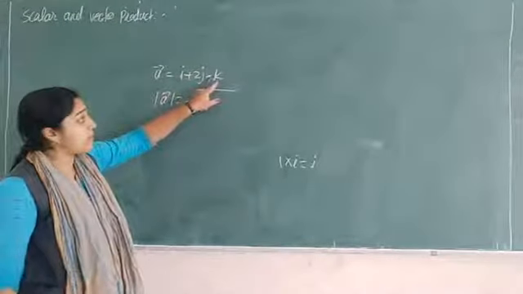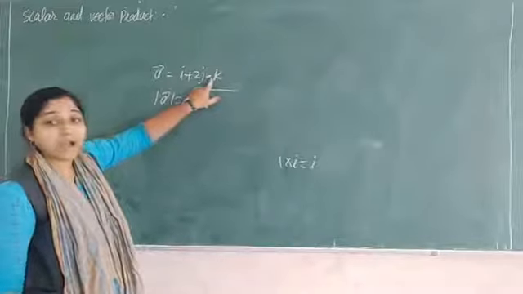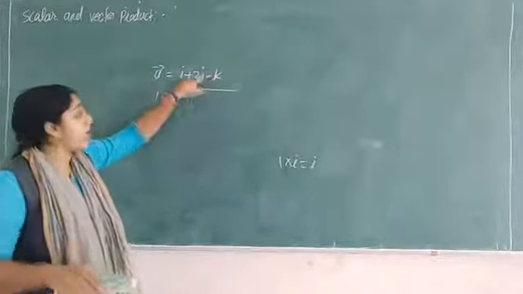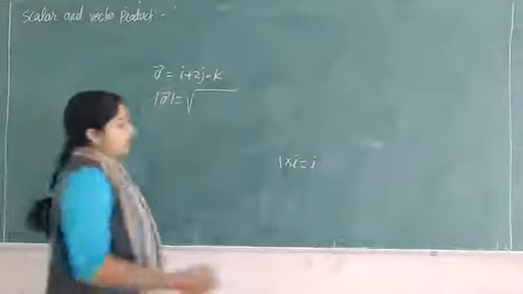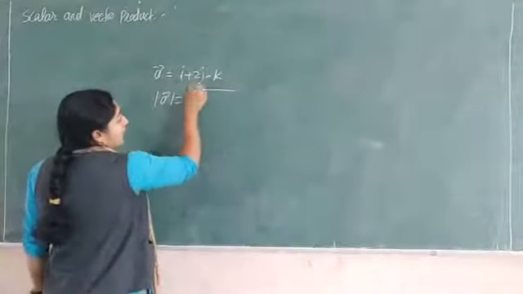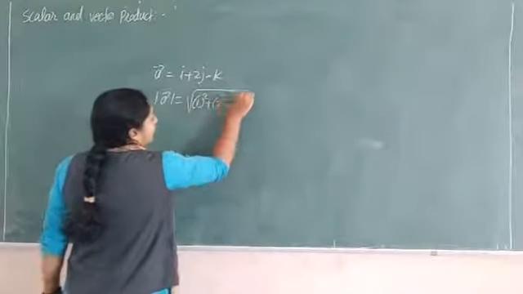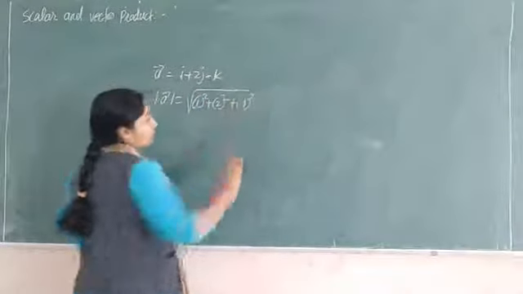Similarly, here we have minus k, so we consider minus 1, with the minus sign. Here it is plus, so plus; here it is minus, so with the minus sign. So square root of 1 square, plus 2 square, plus minus 1 square.